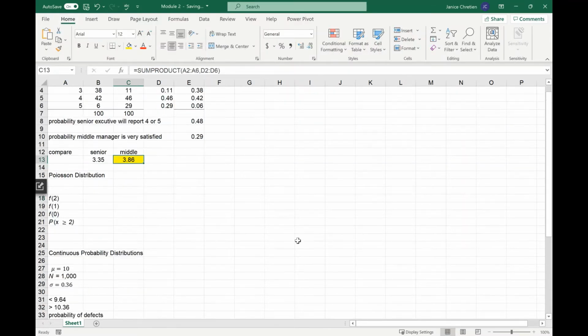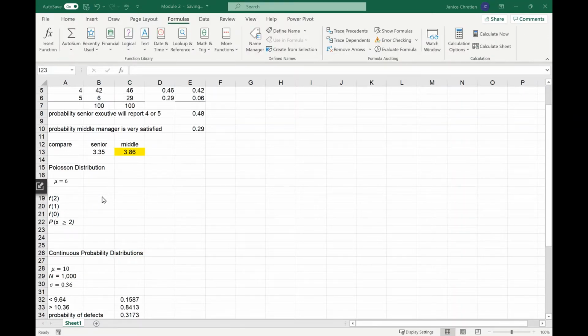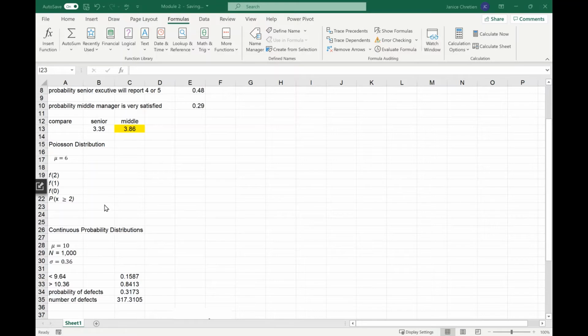You read about the Poisson distribution, and I was asked to find f when x is 2, f when x is 1, and then P when x is greater than or equal to 2. But in order to find this value here, I also need to know f when x is 0. So I've added that in. And the problem told me that my mean was 6.